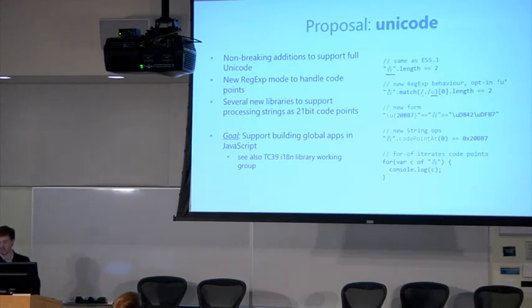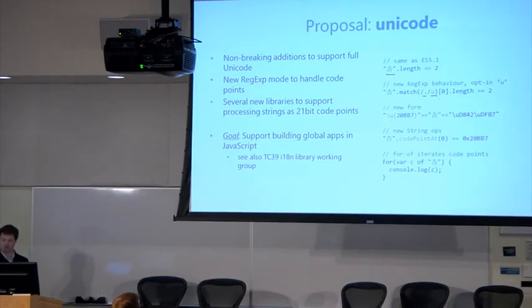Here, the dot operator, which matches any character, will now match any code point. That means it will match this entire character as one, instead of matching just the first code unit of it. This does mean, for instance, that matching a dot can now give you a string of length 2, which may have been unexpected previously, and that's why this is all being done under opt-in flags.